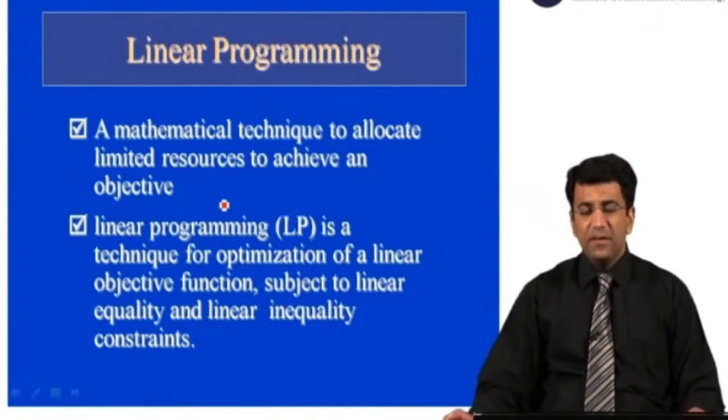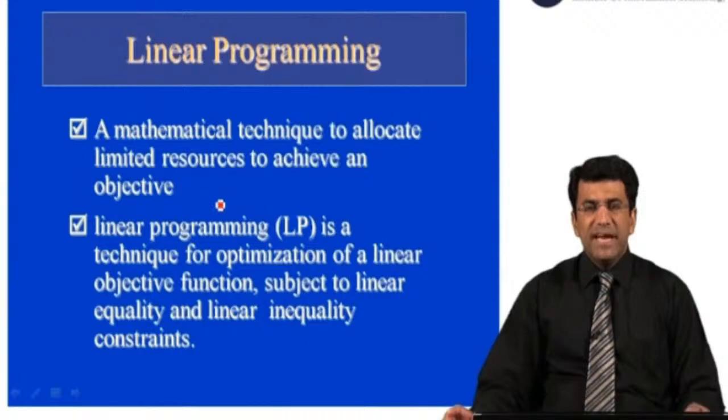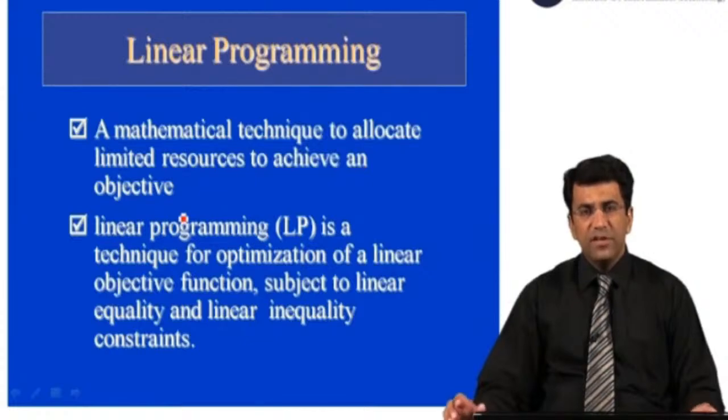So linear programming is a technique for optimization of a linear objective function. What is a linear objective function? A linear equation is an equation in which the power of a variable is 1. You must have learned about linear equations in statistics or some mathematics subject: if the power of the variables involved in a particular equation is 1, that is a linear equation.